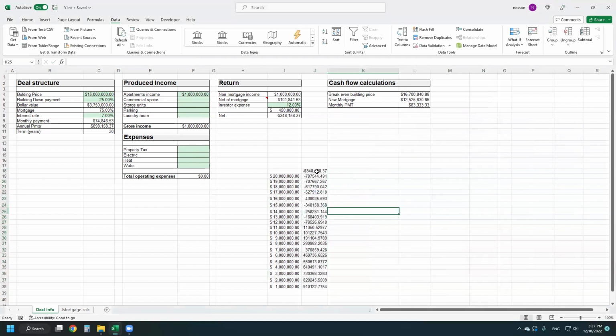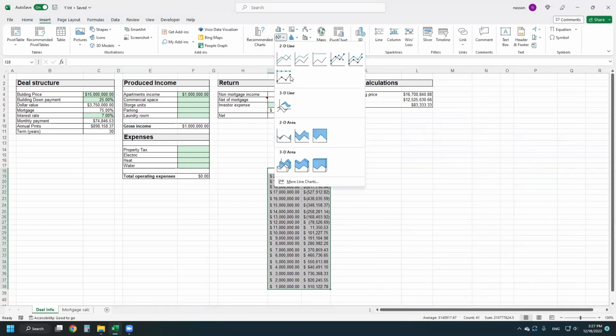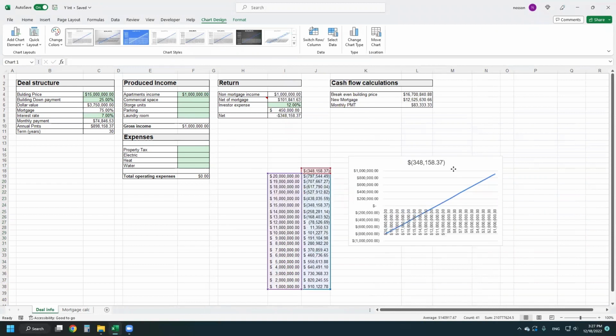Now we see the dollar values, and we have an arrangement that looks progressive, like a line or a curve. The question is, is it linear or exponential? To find out, we can get a visual like this. So it looks linear.